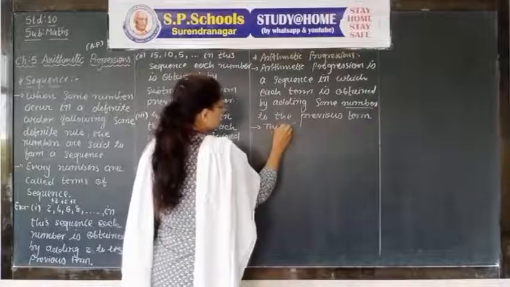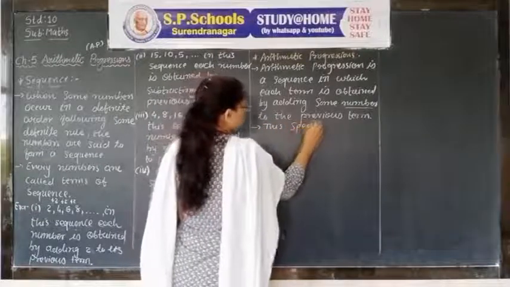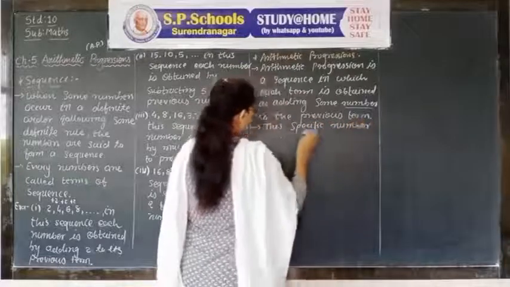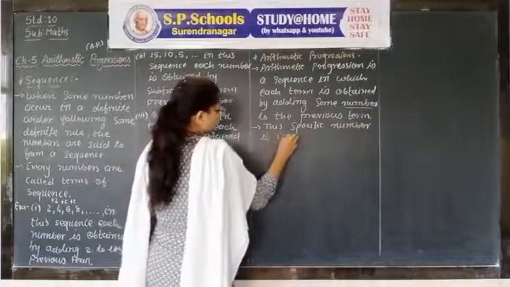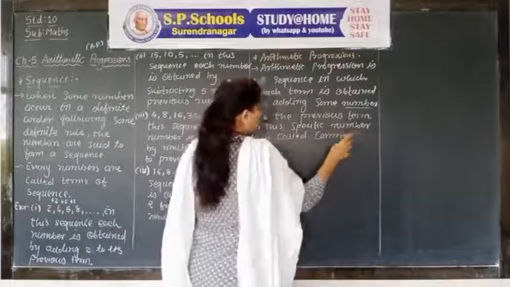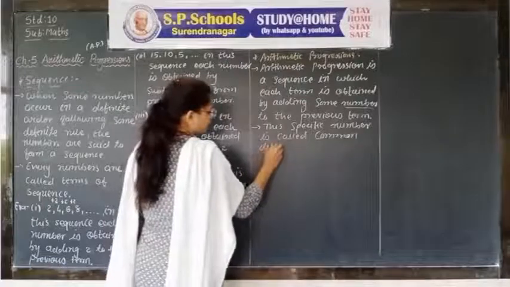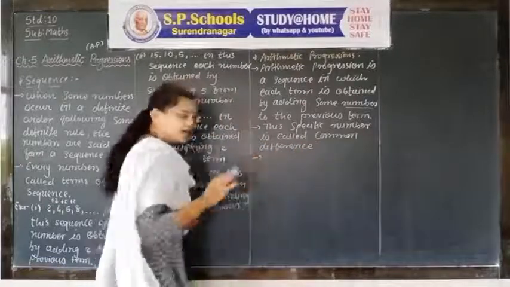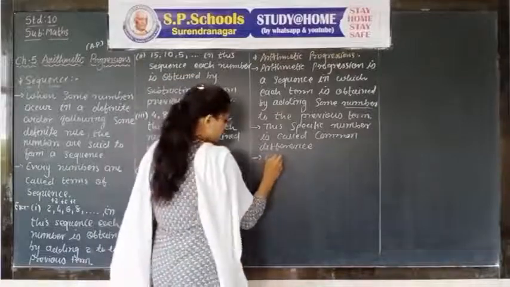This specific number is called the common difference. There are 3 types of common difference.